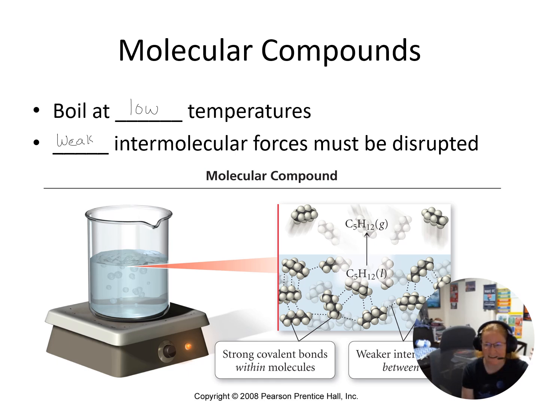Things like our dispersion forces, our dipole-dipole, hydrogen bonding. And so certain forces are stronger than others, and so certain compounds are going to have a higher boiling point than others. Water has a fairly high boiling point for a covalent compound because of the strength of the intermolecular forces, the hydrogen bonds that are there.